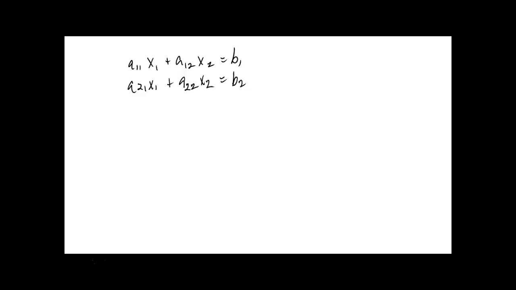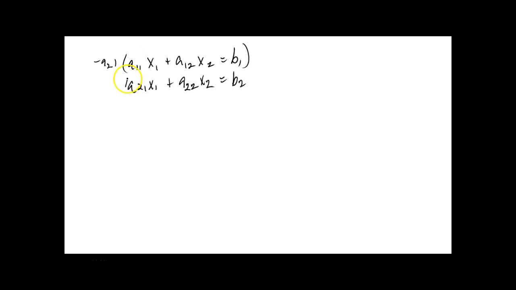Okay. You're going to do it that way. Back when you were doing this before, what did we do? The first thing you did was multiply the top equation by minus A21, and the bottom equation by A11, right?